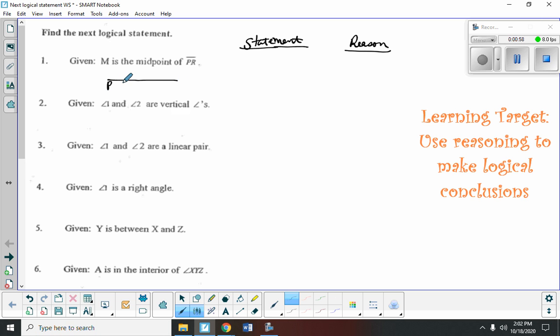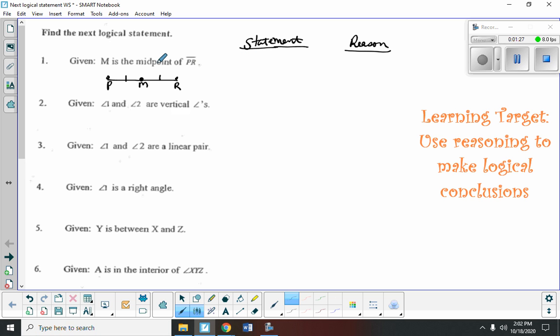So you have segment PR, and if M is the midpoint, look under segments and look for the definition of midpoint. What does that mean? It says M is the midpoint if it divides a segment into two congruent segments. So by definition, we could say that segment PM is congruent to segment MR. So that would be the next logical statement that we could say.